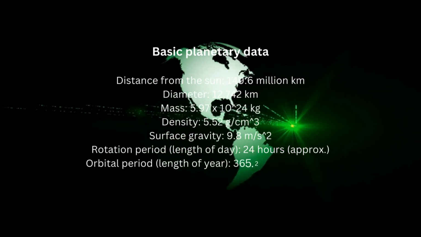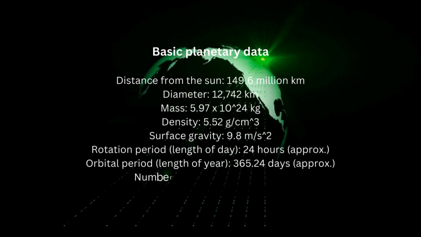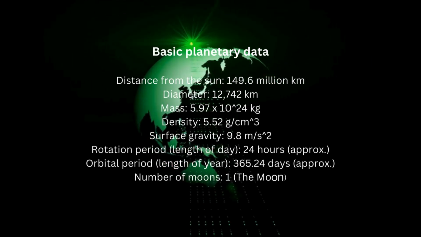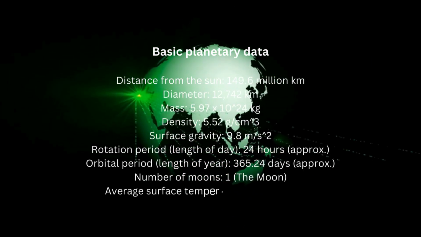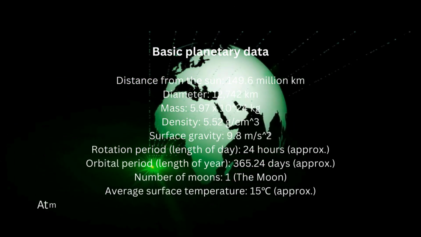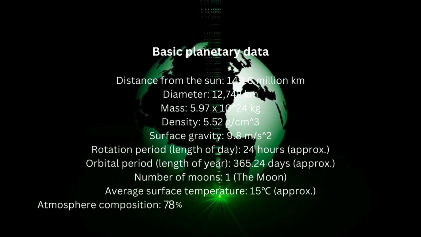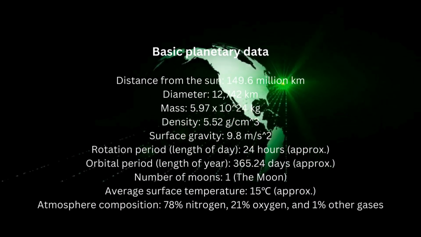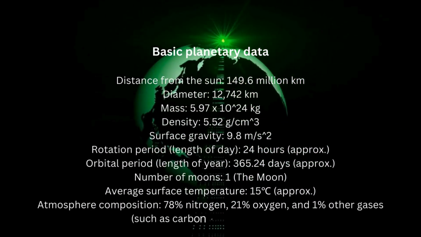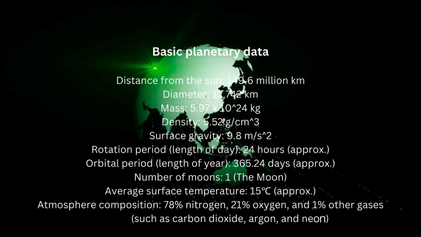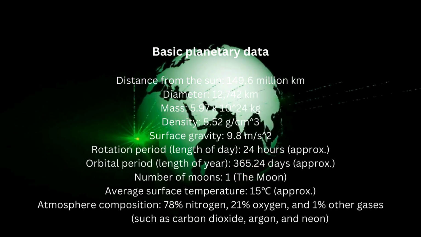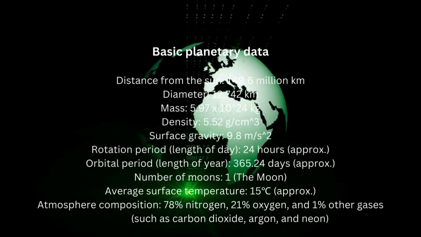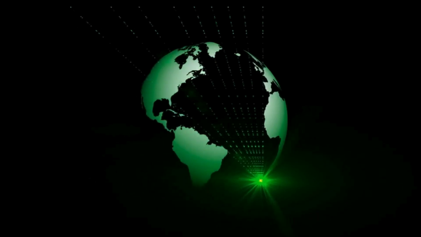Rotation period, length of day, 24 hours, approx. Orbital period, length of year, 365.24 days, approx. Number of moons, 1, the Moon. Average surface temperature, 15, approx. Atmosphere composition, 78% nitrogen, 21% oxygen, and 1% other gases, such as carbon dioxide, argon, and neon.